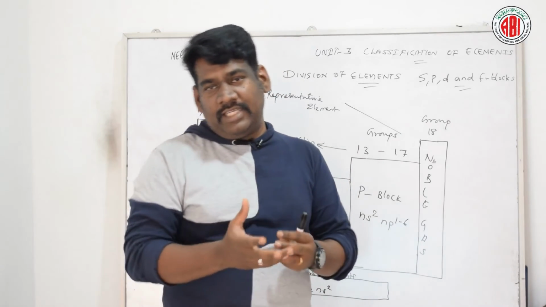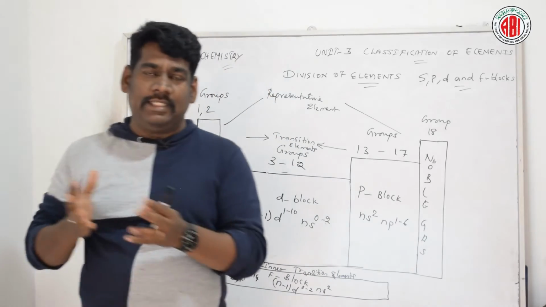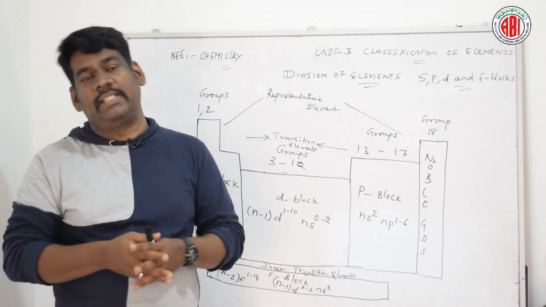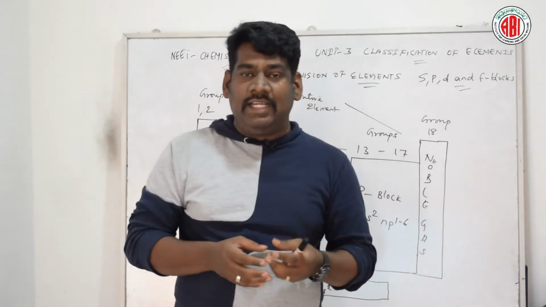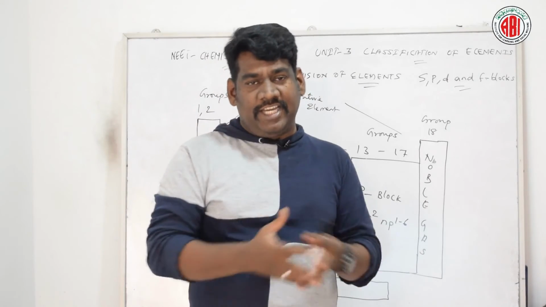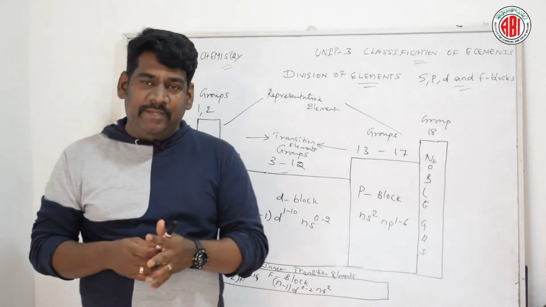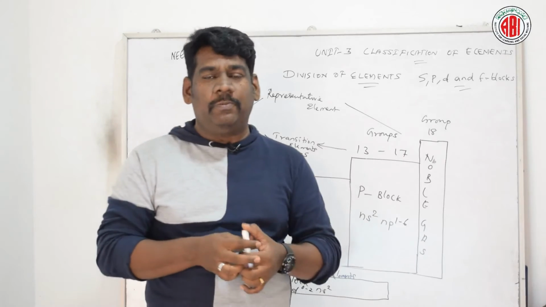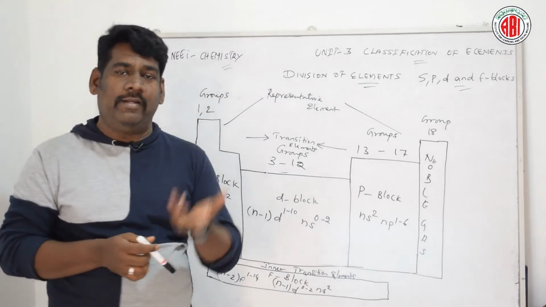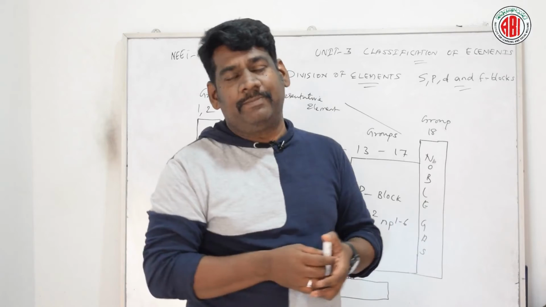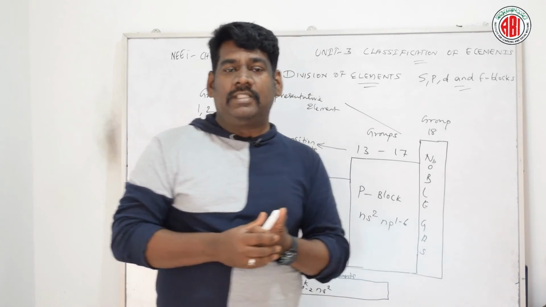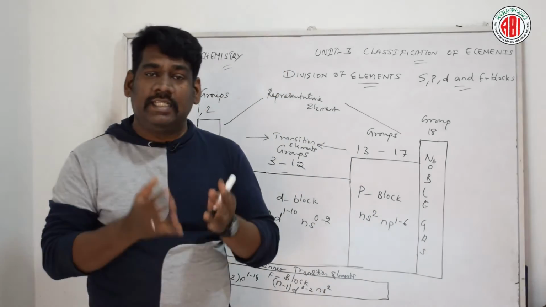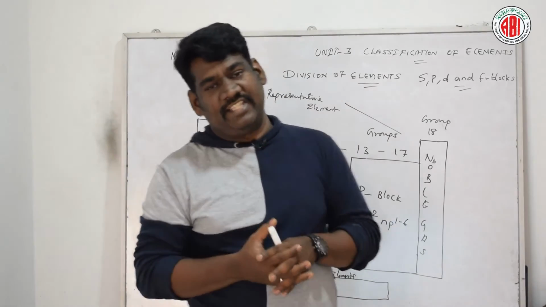Their compounds are generally paramagnetic, and they exhibit several oxidation states. Most of the transition elements in this group, like manganese, nickel, cobalt, chromium, vanadium, platinum, and their compounds, are used as catalysts in many chemical reactions.